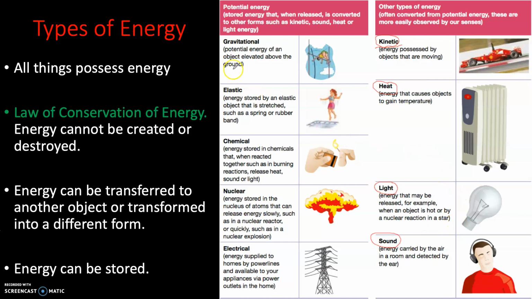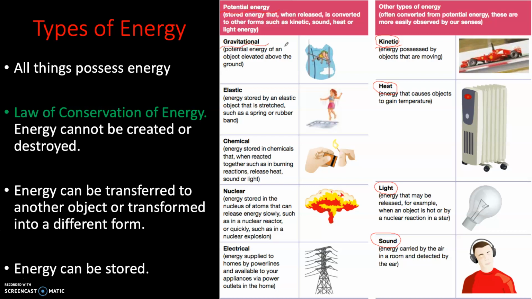Let's come to the column that you're probably less familiar with, and that's potential energy. So there are different ways to store energy, and that's what I want to teach you in today's lesson. The first one is gravitational potential energy. So if you've got an object around you, pick it up off the table or whatever you're sitting at.